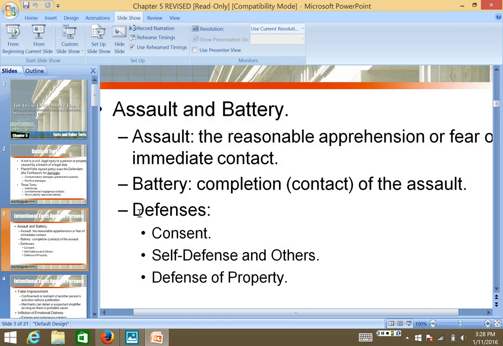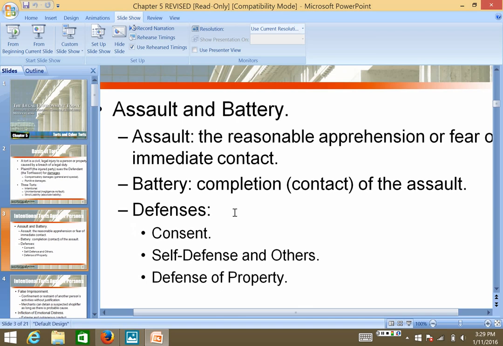The offensive touching by itself is a battery. I will tell you later, when we talk about employment law and sexual harassment, about a case in which a client was kissed against her will. That was also a battery.